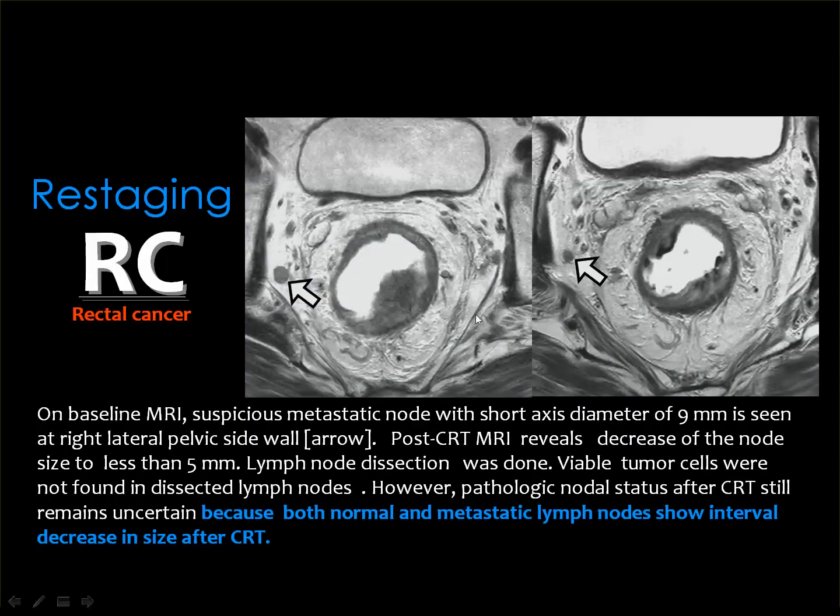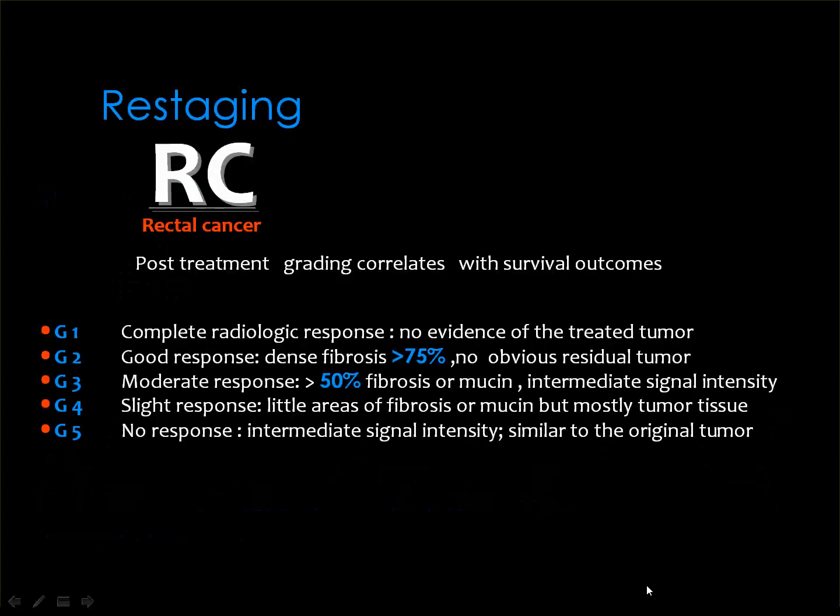And this is another example, an extra mesorectal lymph node and the tumor. Then after therapy, you got regression of the size of the node as well as regression of the tumor itself.